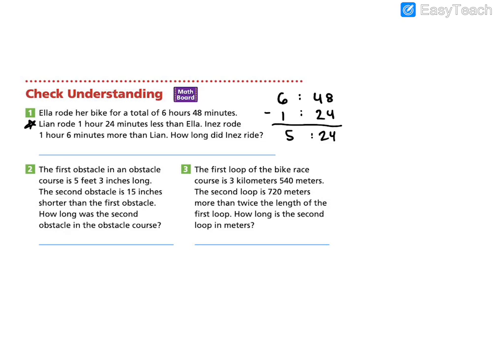But Inez rode 1 hour 6 minutes more than Leon. So now I'll take Leon's time and add how much more she rode. Okay, go ahead and find the answer and write it down. How long did Inez ride for? Right, you should have found that Inez rode for 6 hours and 30 minutes.